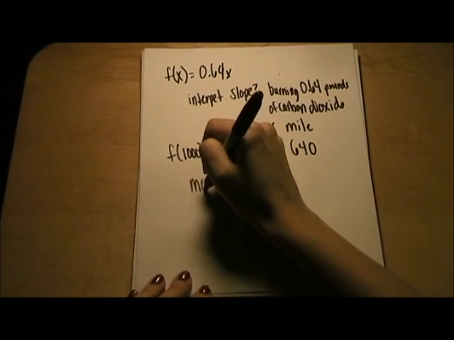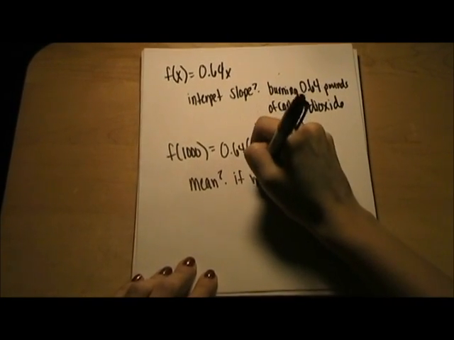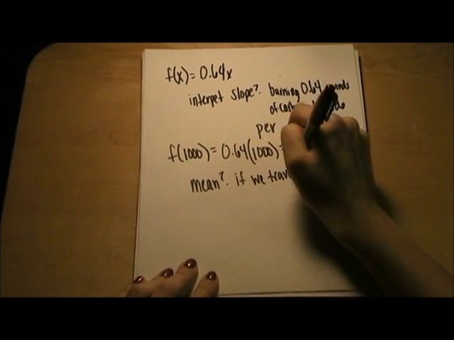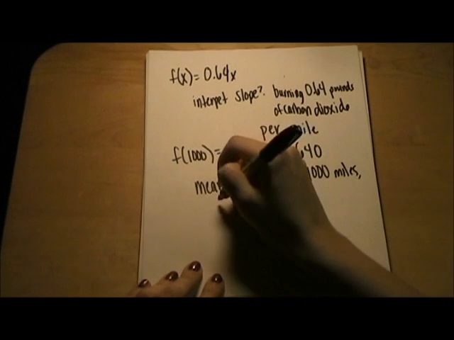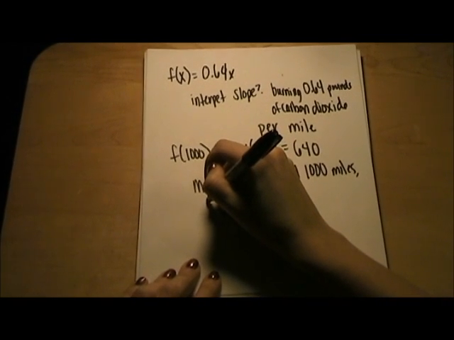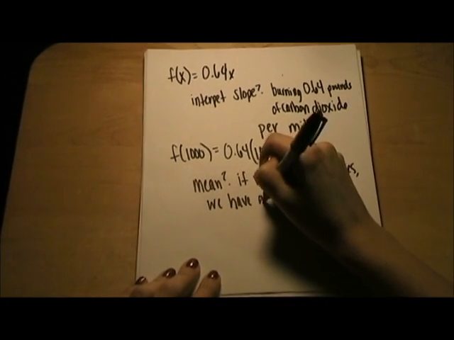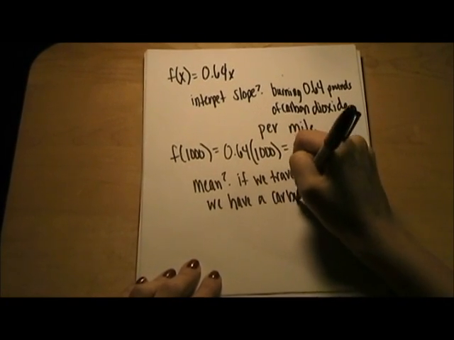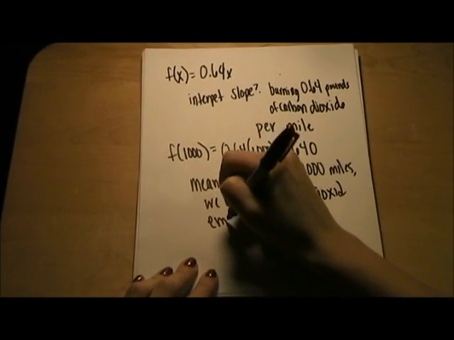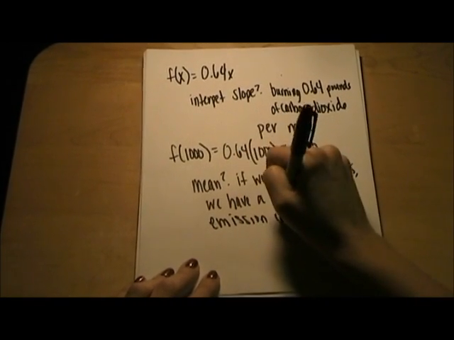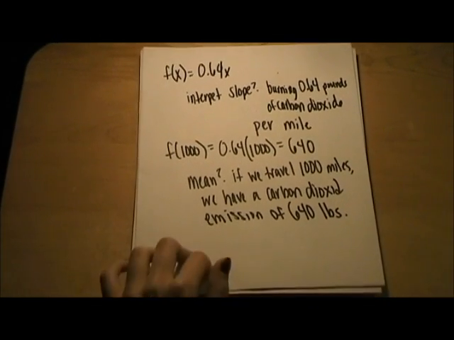And if they want to know what that means, that means if we travel 1,000 miles, we have a carbon dioxide emission of 640 pounds.